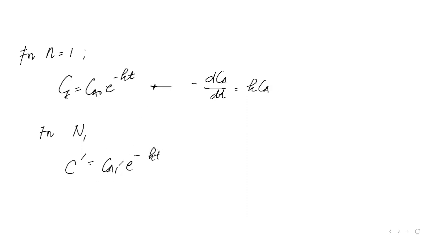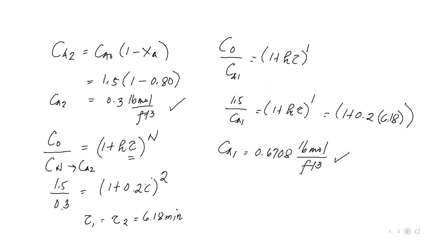Okay, it has to start from this partially converted concentration. So that would be your Ca1, which we got in the previous slide, 0.6708.